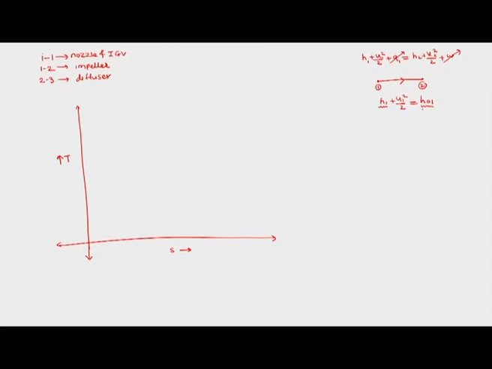So accordingly we get the famous isentropic relation between T01 and T1: T01 upon T1 is equal to 1 plus gamma minus 1 by 2 M square. So this is the relation between the total temperature and static temperature.